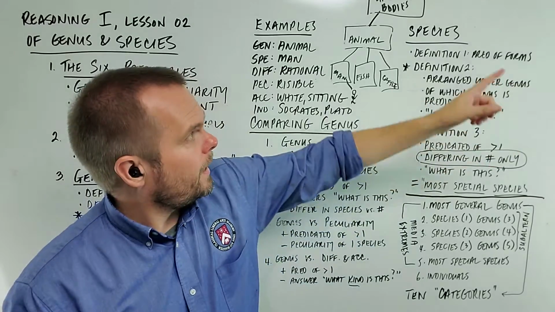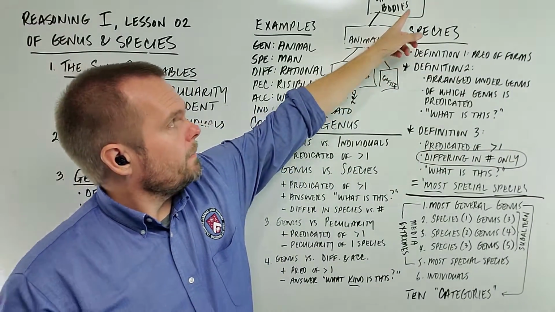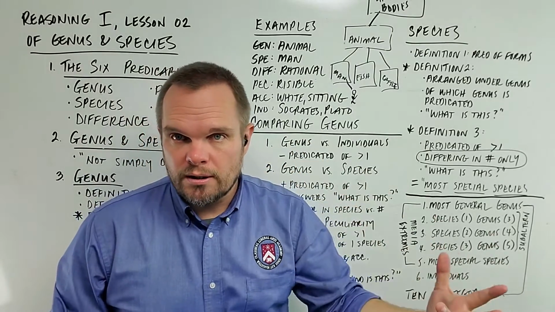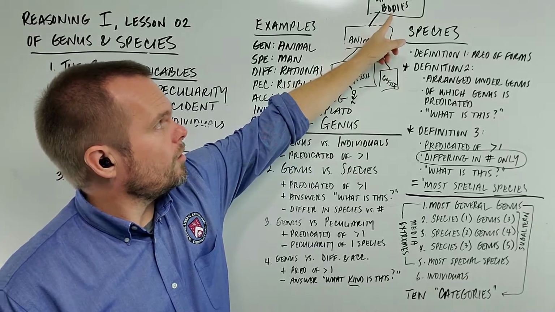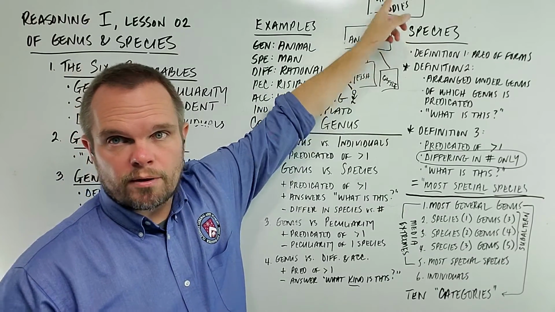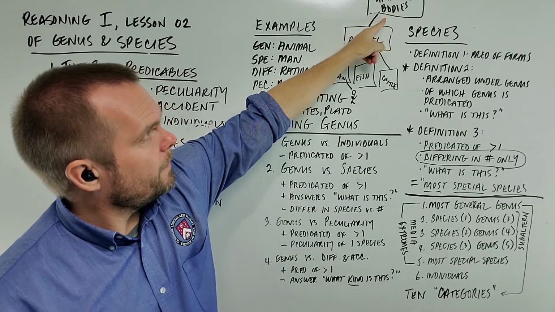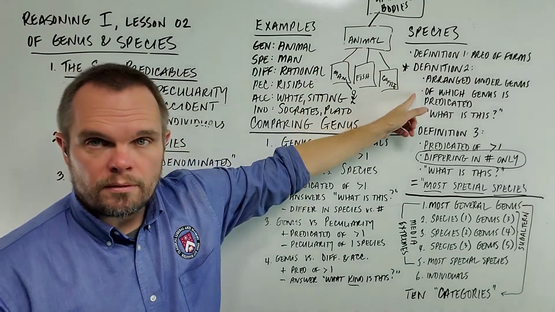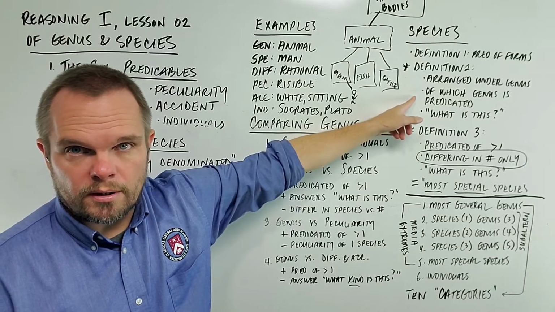So animated bodies, like animal, animated bodies is a genus with reference to animal, but it's also a species with reference to bodies, which is above it. So animated bodies also meets the definition of species number 2 here.